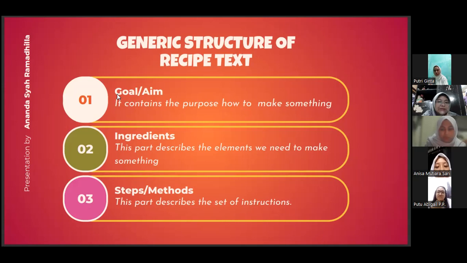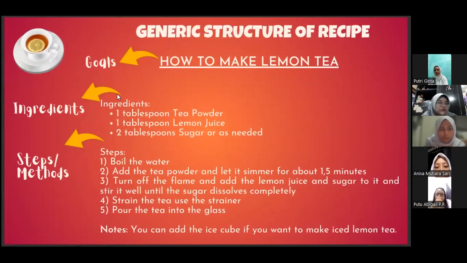Next, here is an example of the usage of the generic structure in a recipe text. How to make lemon tea belongs to the goals in the following recipe text, and below that are the ingredients, or things that will be used in this recipe. The last one is steps or methods, as the name says.